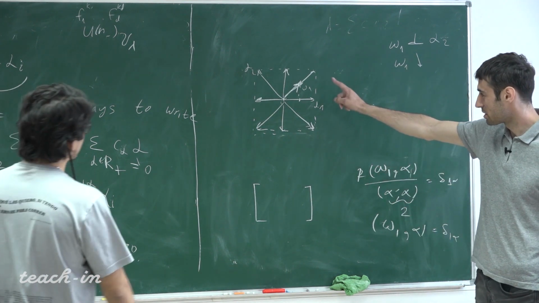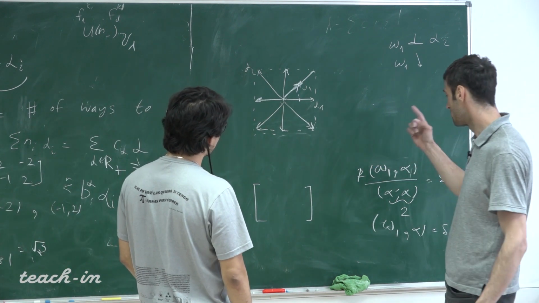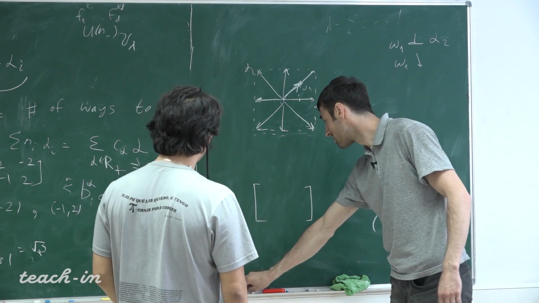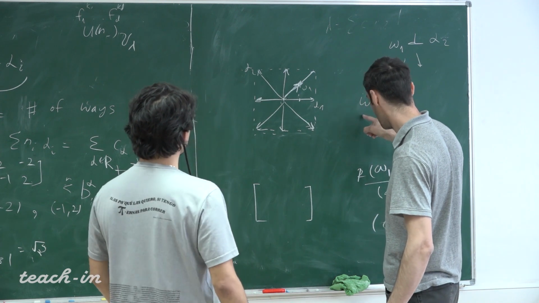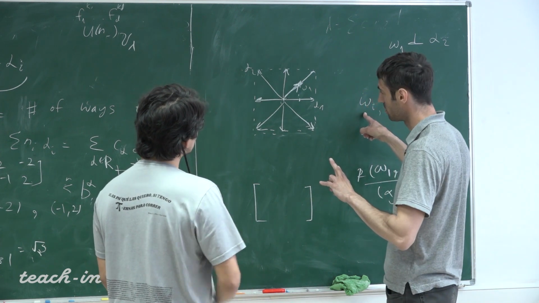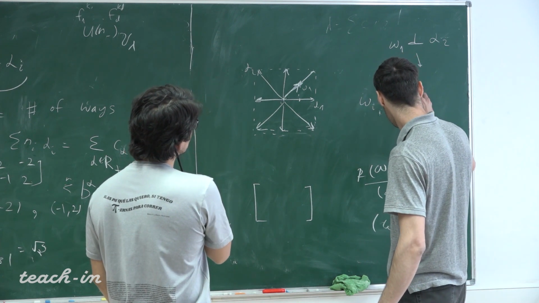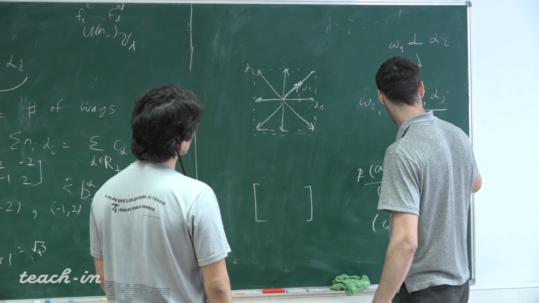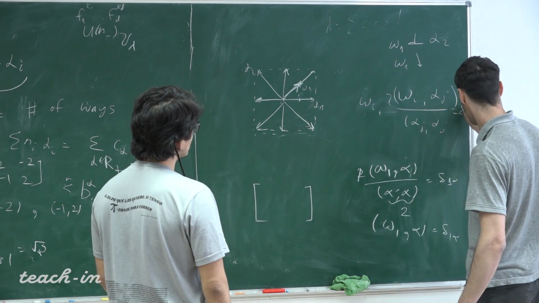So this is the system B2. So what are fundamental weights? The fundamental weights are defined like this: omega_i, with alpha_j over alpha_j, is delta_ij.